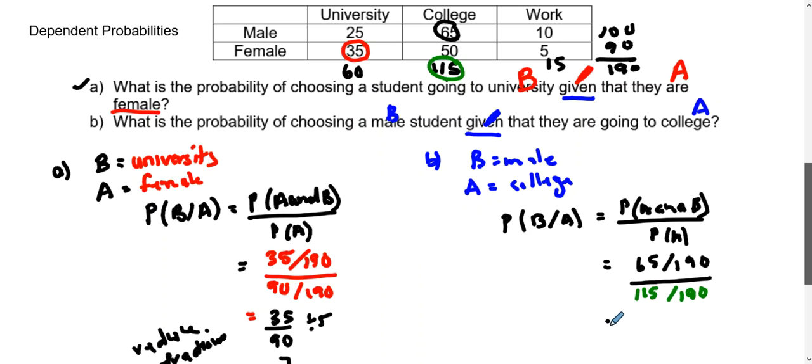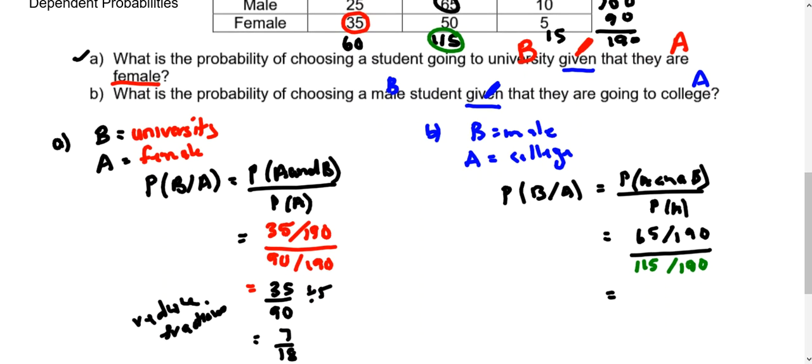So now I can do 65 over 115. I can reduce my fraction this way, and if I divide the top and bottom by 5, this becomes 13 over 23.